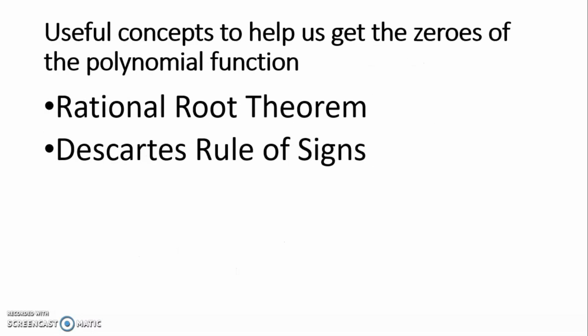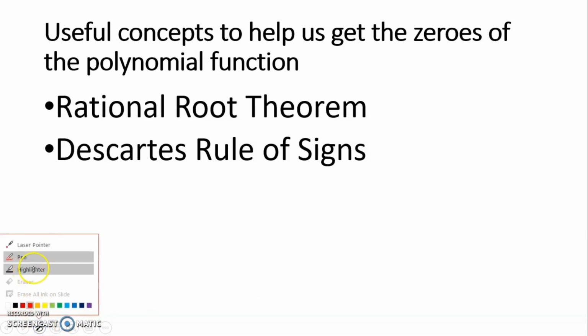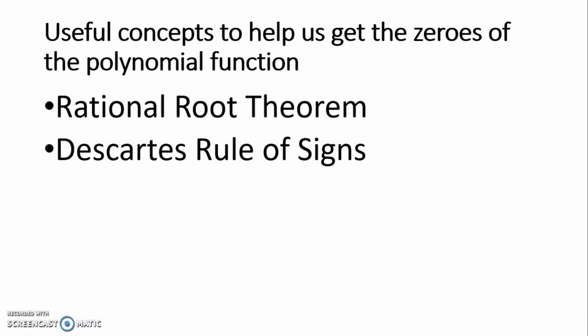Alright, so what are the useful concepts to help us get the zeros of the polynomial function? First is the rational root theorem. Yes, we're going to use the rational root theorem to get the zeros of the polynomial function. But in other books, they name it the rational zero theorem, because when we talk about the rational root theorem, we're talking about a polynomial function.